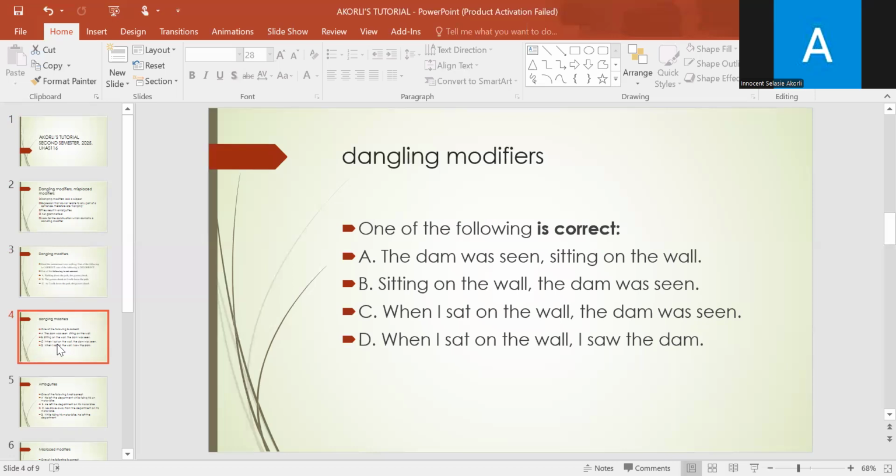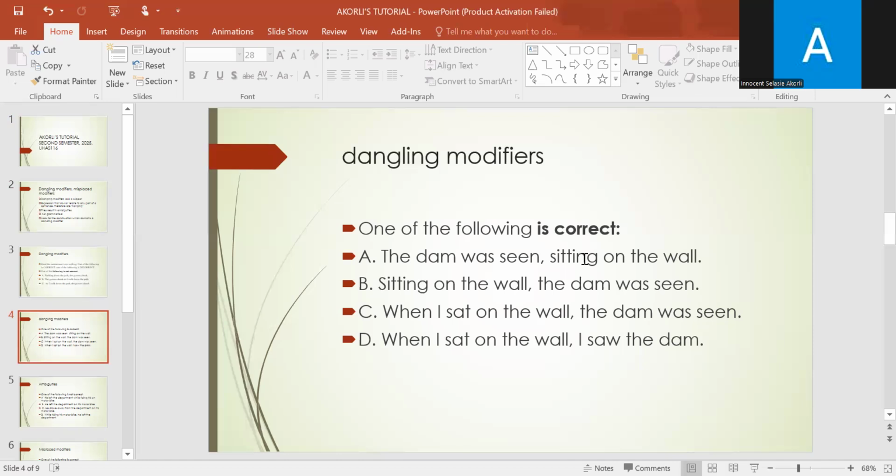Now, you can see clearly that the whole problem starts with A. The dam was seen sitting on the wall. This could even be interpreted as if the dam, you can see a dam located on the wall. Apart from that, there is no subject. So this is not correct.